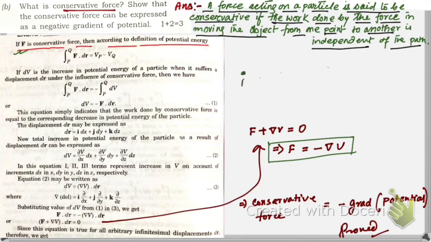Suppose this is the particle at P, and this force is acting on this particle and moves it from P to Q, and the work done by this force F for moving this particle from P to Q is given by the definition of potential energy, by this expression.